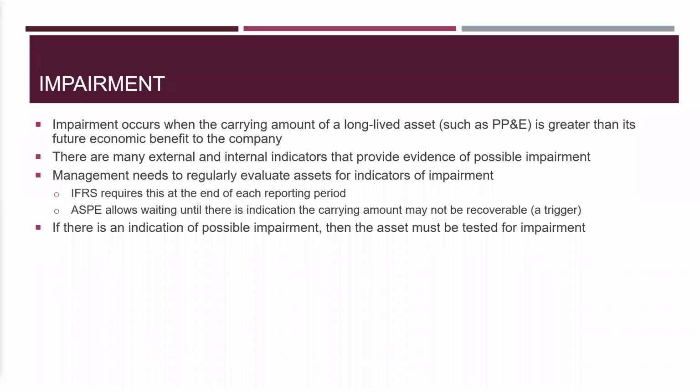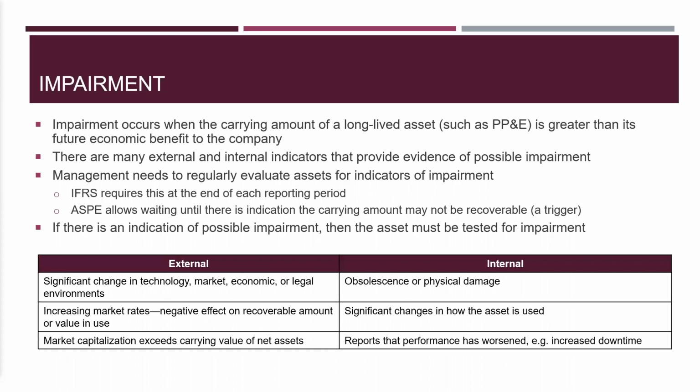Under IFRS, this is required at the end of each reporting period. Under ASPE, we can wait until there is an indication that the carrying value of your asset or the recoverable amount has changed, meaning that there is a trigger, which can be either an external or an internal factor.